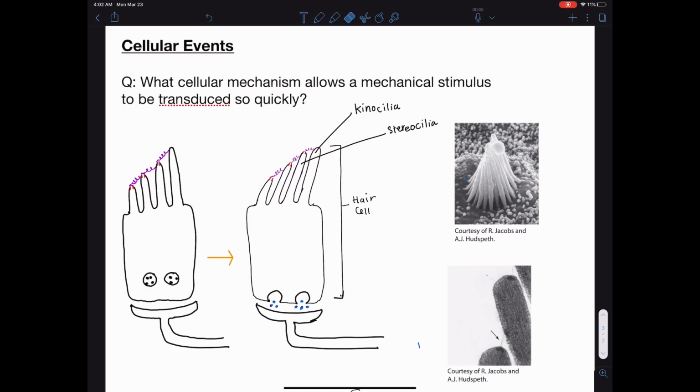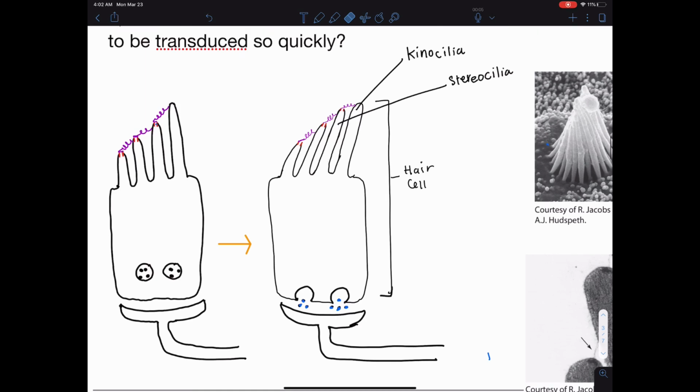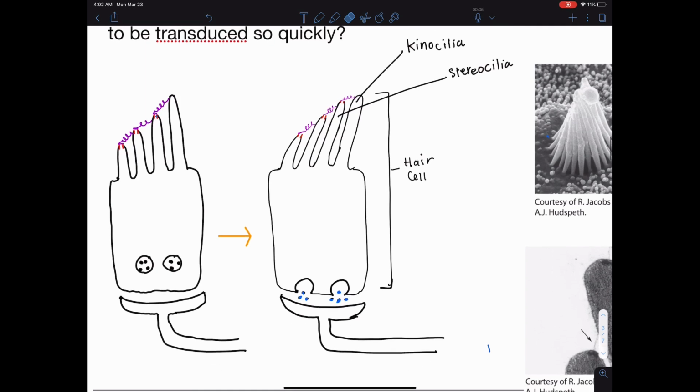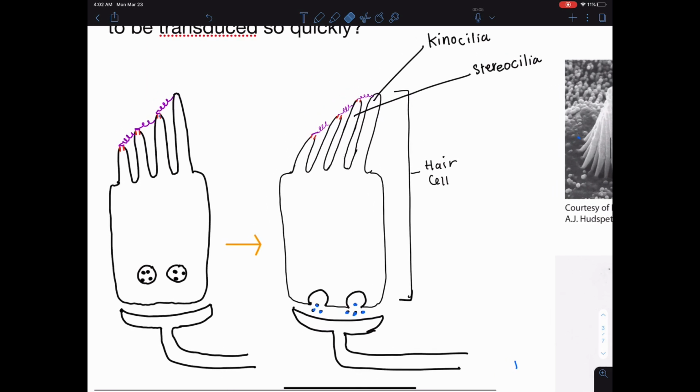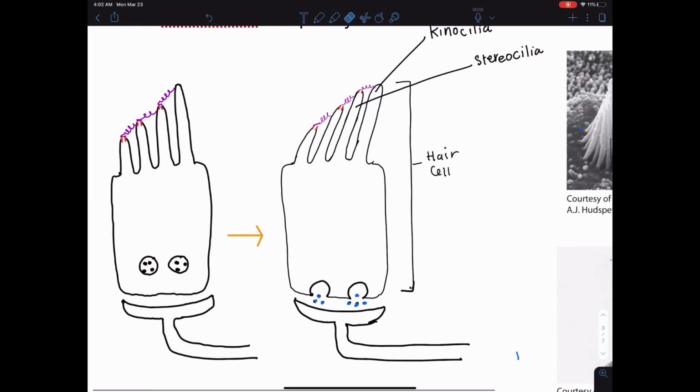So I want to begin by highlighting more structures that I didn't draw in the first video. A really important player in this is this structure right here, shown with the purple coil, called a tip link.